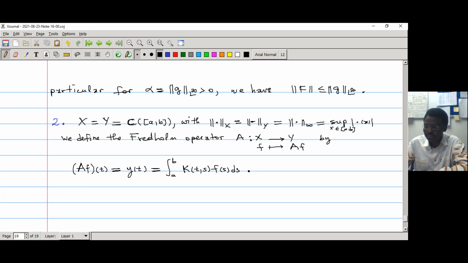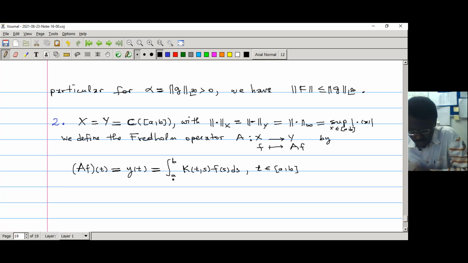This s is in the interval AB, and this t also, we take t in the interval AB. This y in fact is Af, a continuous function at a particular point. So k is what we call the kernel.